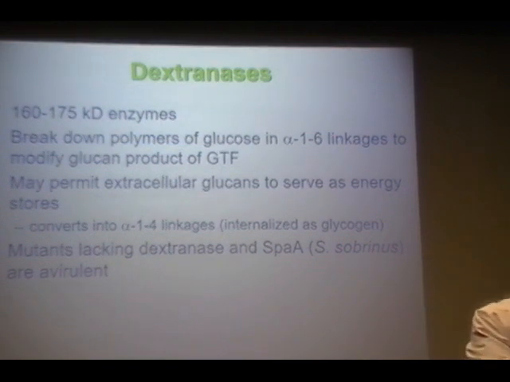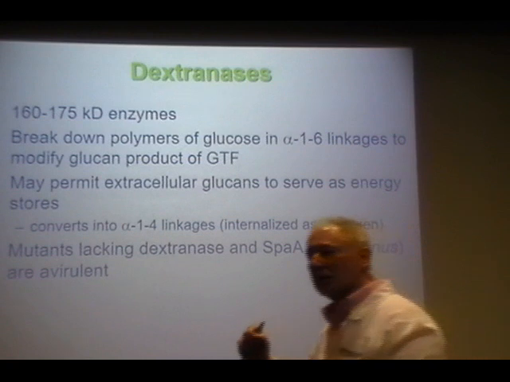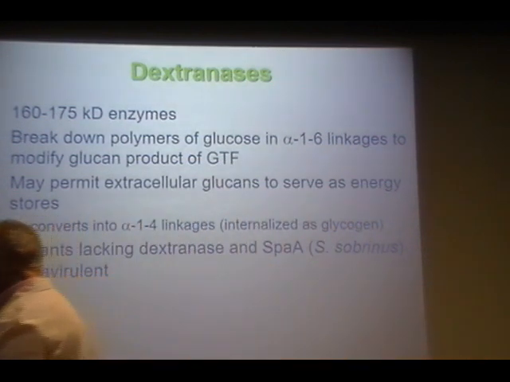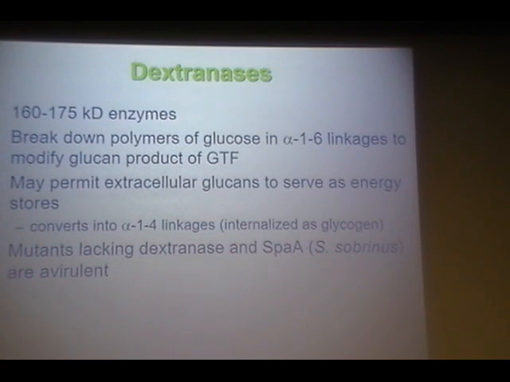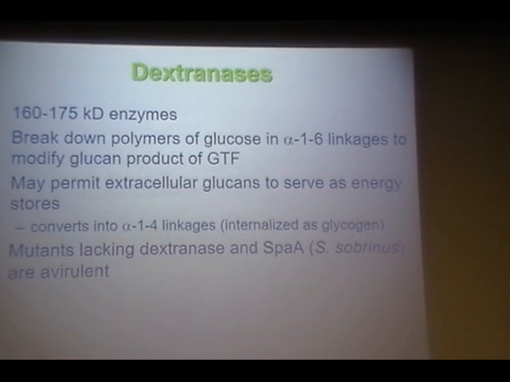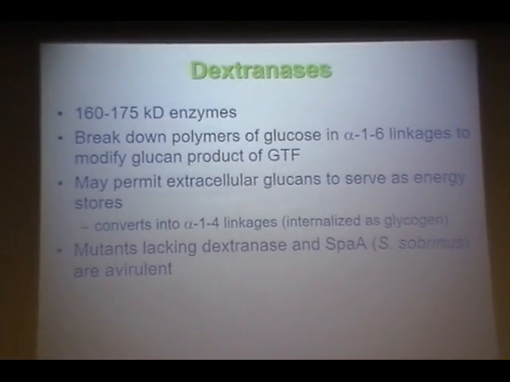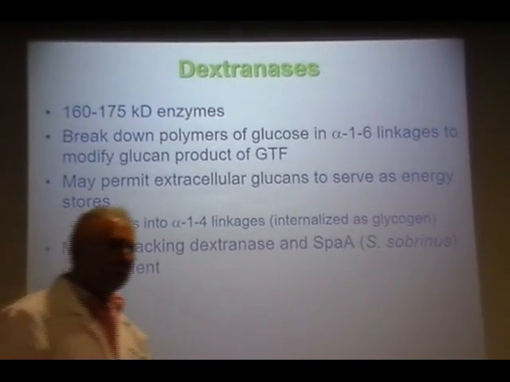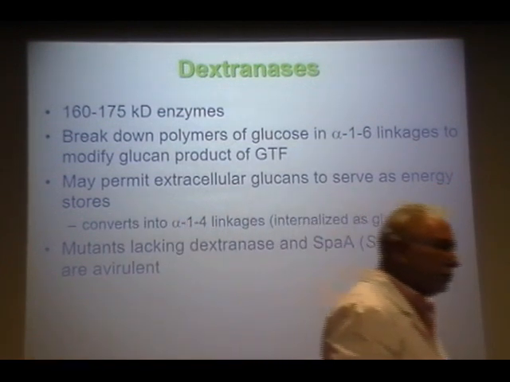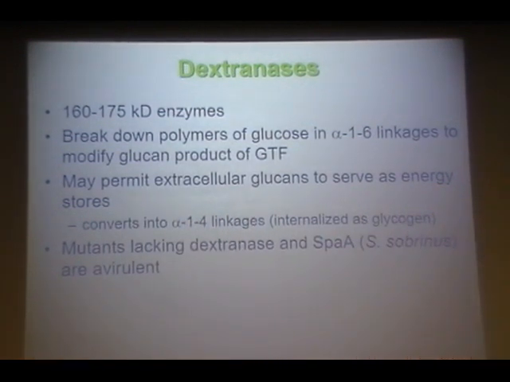So now you have internalized alpha-1,4 linked glucose inside the cell of an organism to prevent its death. Okay? It uses it as storage for energy purposes when sucrose is no longer available.